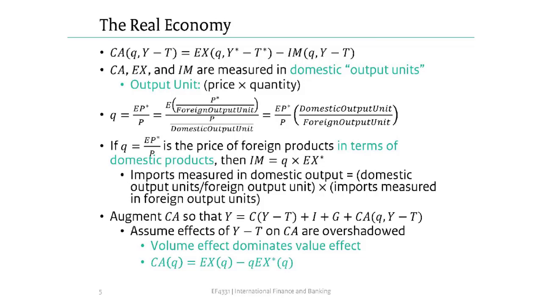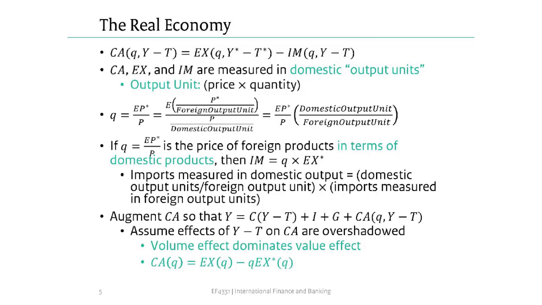So now I'm going to try to give you a concrete conversion of how to go from thinking about the current account in terms of just dollars and nominal units, to now in terms of actual real units, output units. So when I say output, imagine we can theoretically come up with a theoretical concrete unit of goods and services that we can sell for a certain price. Okay, that's what we're trying to do now.